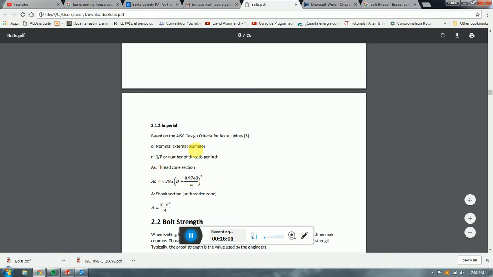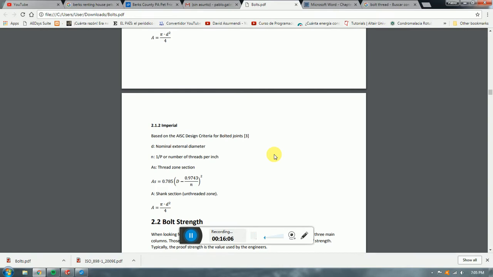instead of using the pitch, typically when you are going to talk about a bolt, for example, you are going to select the half inch 13 UNC. That 13, or 1/4 20, or 1/4 28, or 5/16 18, or 3/8 16, that second number, instead of the pitch, they use number of threads per inch, which is one divided by the other.